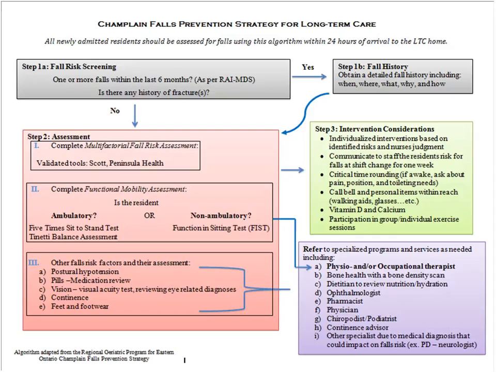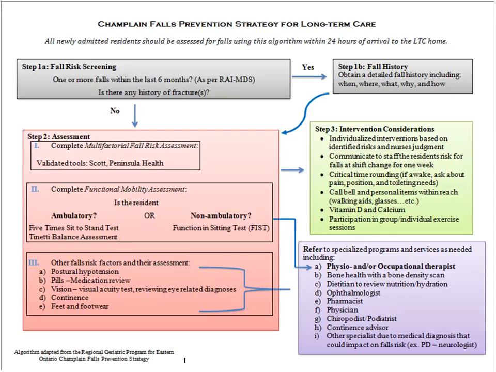So as you see here, this is the newly admitted residents algorithm we've been looking at and where we started. At the beginning, we started with the falls risk screening conversation, and then we're focusing more on step 2, which is the assessment. So it speaks to completing a multifactorial fall risk assessment.